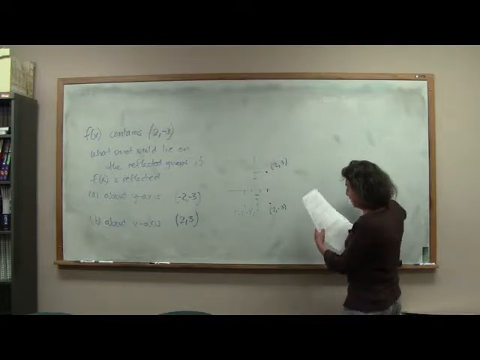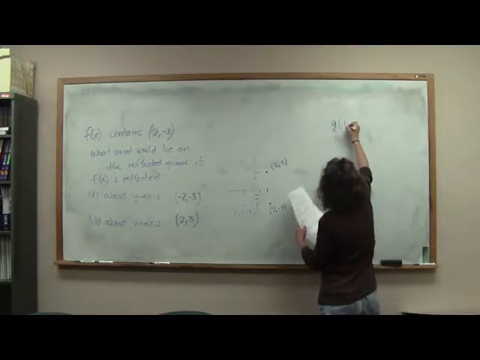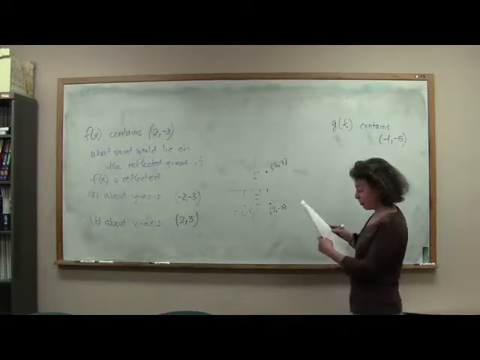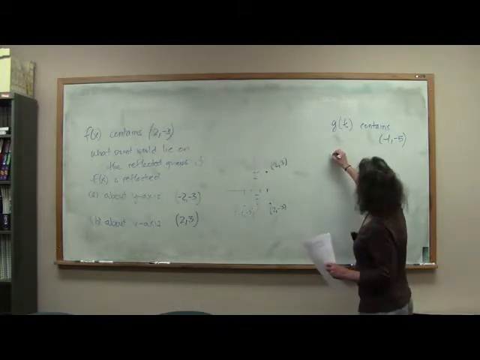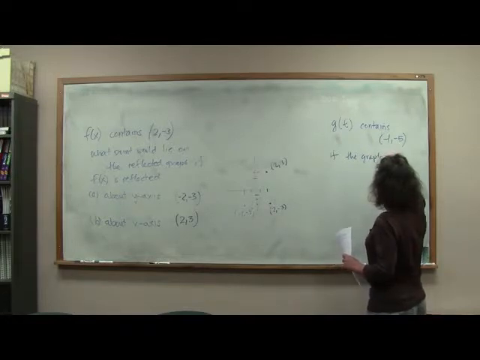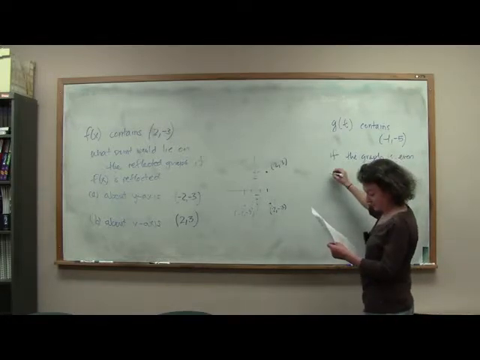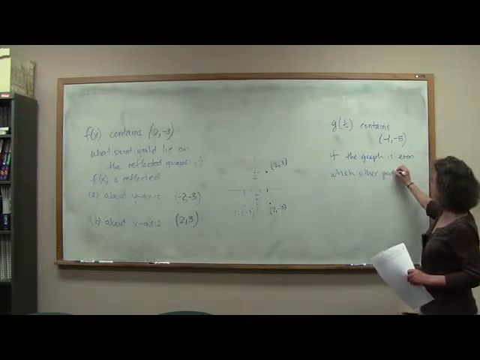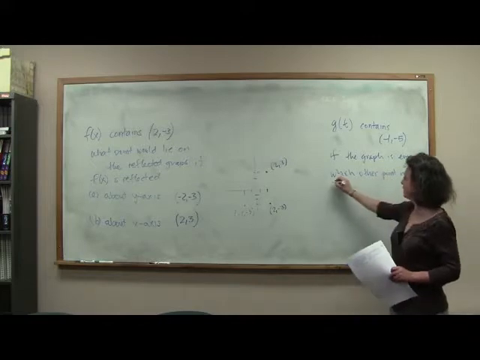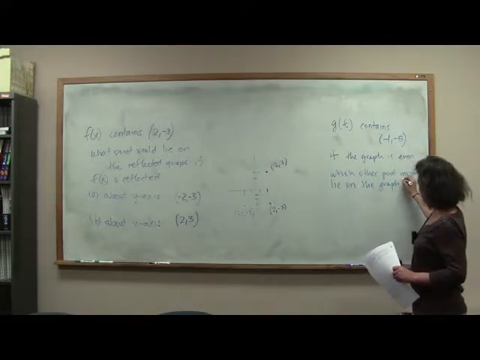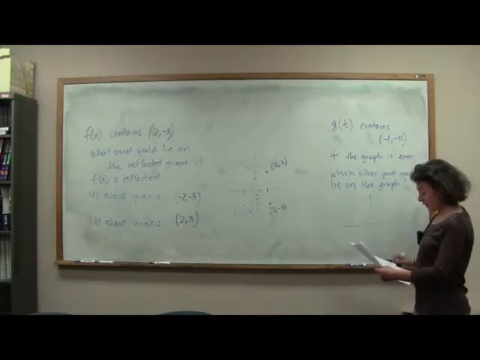Now let us say that we have a graph g of t, and g of t contains the point -1, -5. I'm going to say to you, if the graph is even, which other point must lie on the graph? Okay, so where are we?